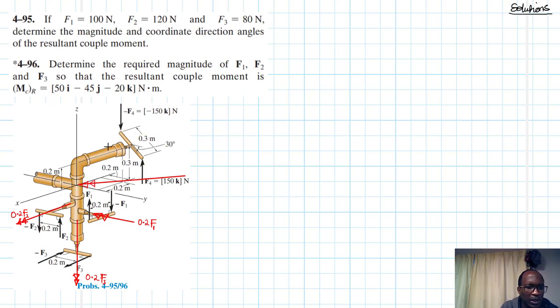Let me use black. Distance along the y direction, right? Okay, something like that, and that one like so.